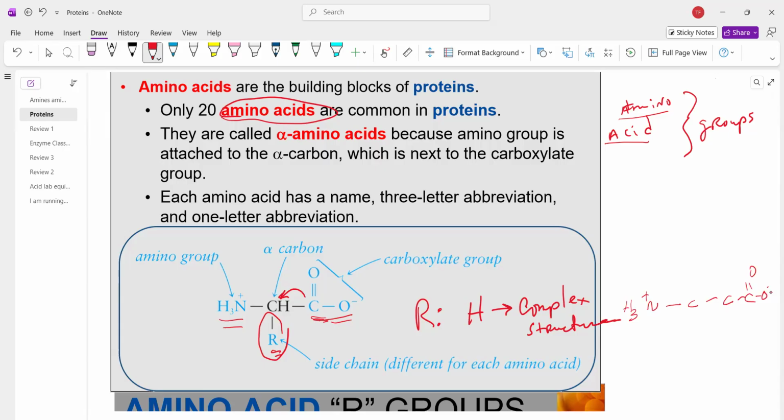For example, this is a beta, so this is an alpha amino acid.